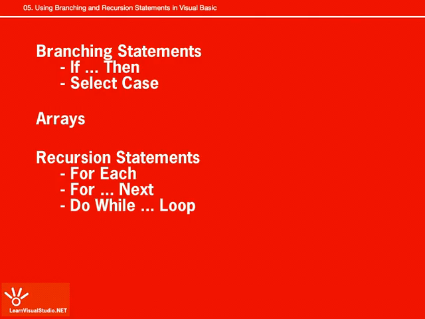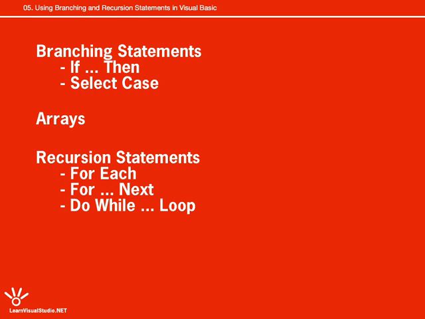Okay, so in this lesson we looked at branching statements, the if-then-else statement, and also the select case. We looked at recursion statements, actually several of them: the for next, the for each, and the do while loop.